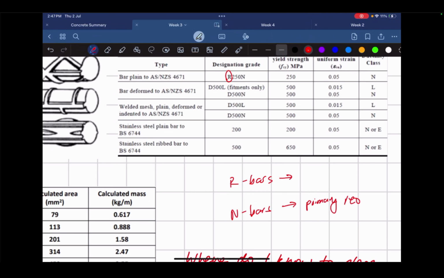But for something you guys will learn later on, fitments, shear reinforcements, we use R bars usually. The only difference is this one is 250 MPa yield stress, so this one reaches yield a bit quicker than this one.